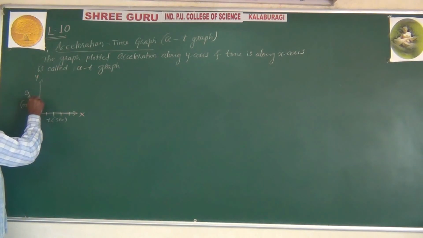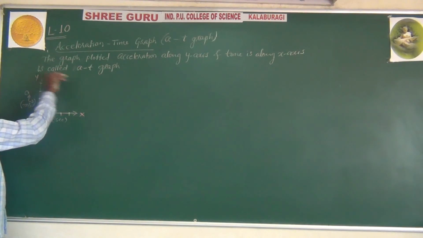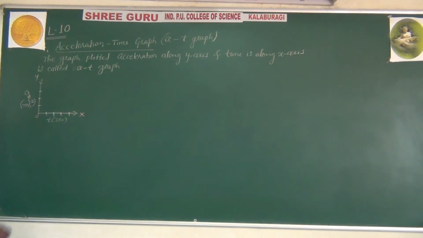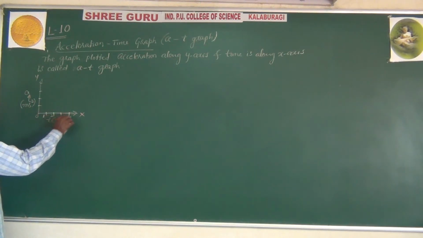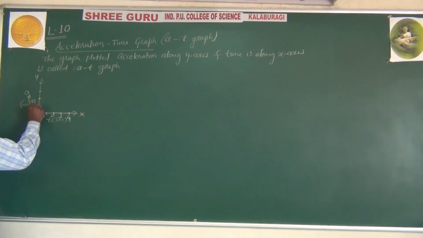Here 5 meter per second square, 10 meter per second square, 15 meter per second square, 20. This is the graph: along the y-axis acceleration, along the x-axis time. So here is the curve I will draw.